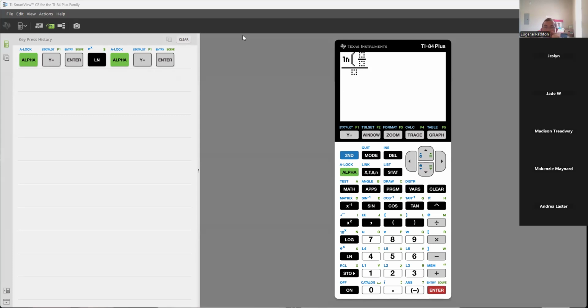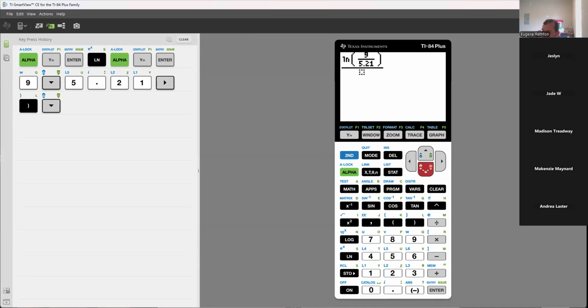Okay, yeah, that'll work, Jesslyn. Okay, so on top I had a 9. On bottom I had a 5.21. And then I'm going to close those parentheses. And then I'm going to arrow down to the bottom and put in my 0.0156. Okay, so you have to use the main fraction. And then when you do the ln, hit the fraction again to get that 9 over 5.21.